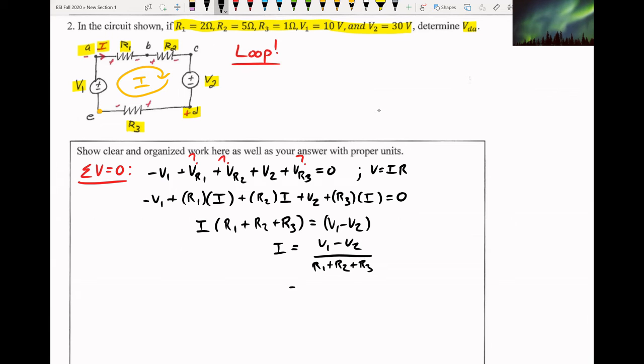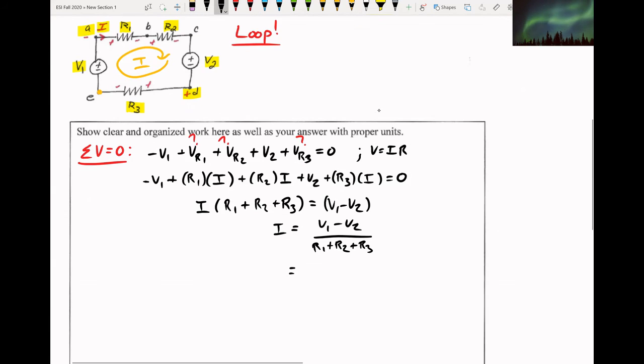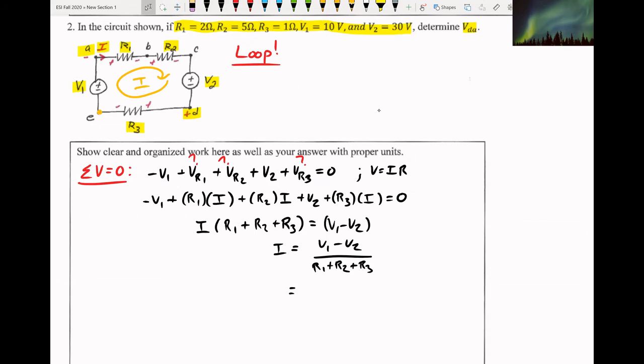And if we go and drop those in, let's see, this will be 10 minus 30 over, that's volts, over 2 plus 5 plus 1. This is ohms.